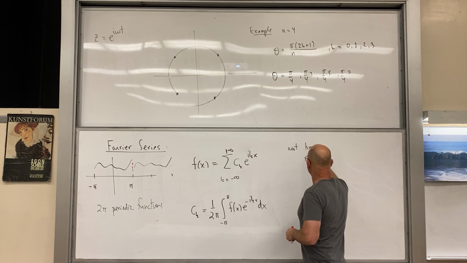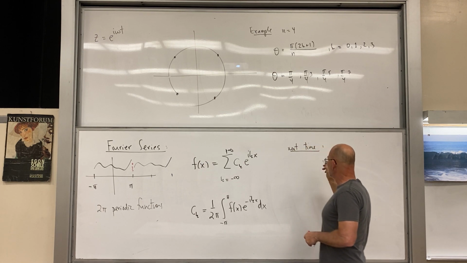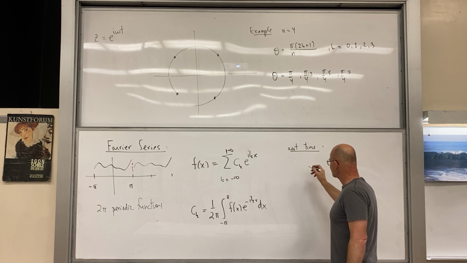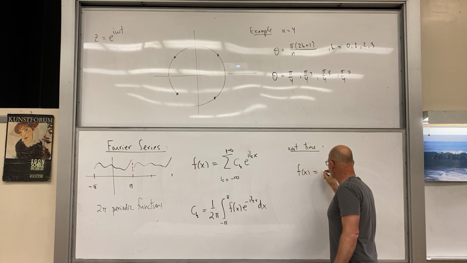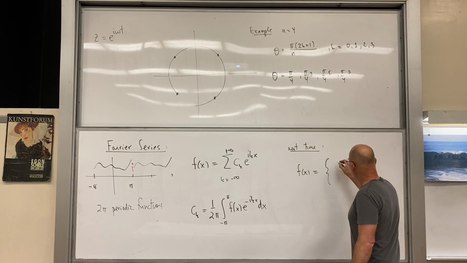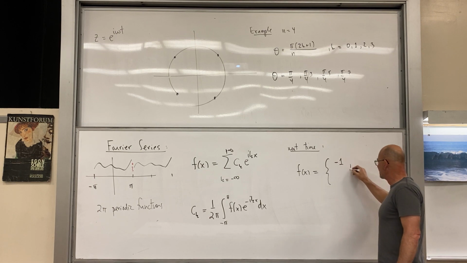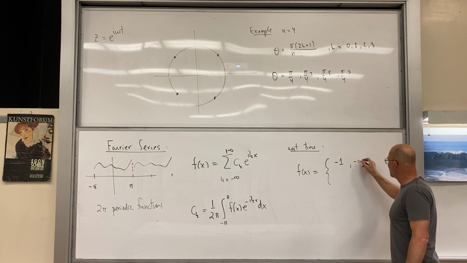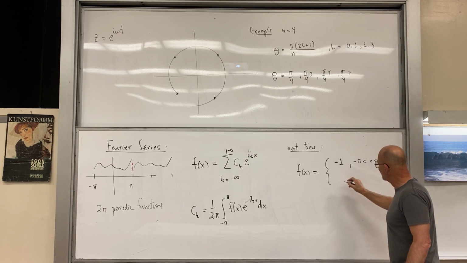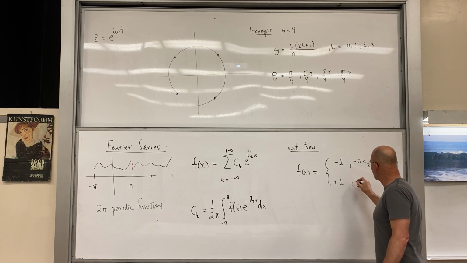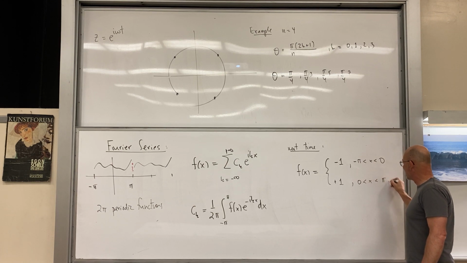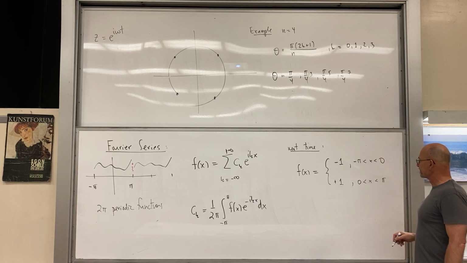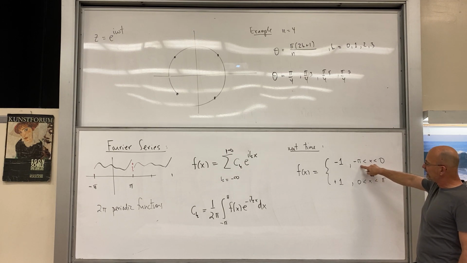So next time, we're going to study this function here. f of x is equal to minus 1 for minus pi less than x less than 0, and positive 1 for 0 less than x less than pi. Notice these open intervals here.